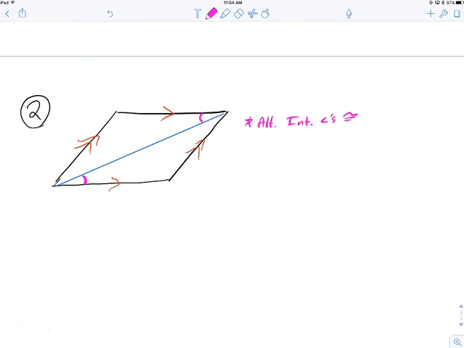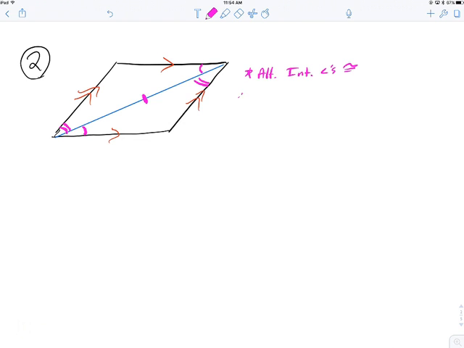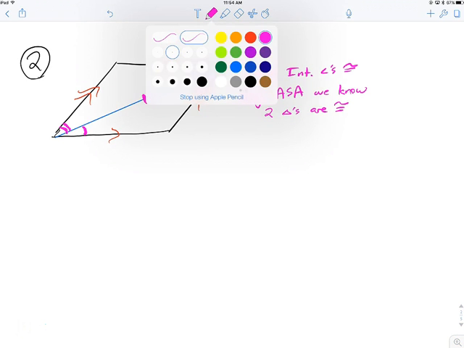And because the left and right sides are parallel, we also know this angle here is alternate interior with this angle here. So that gives us two angles, and both of these triangles formed share this diagonal. So by ASA, we know the two triangles are congruent.